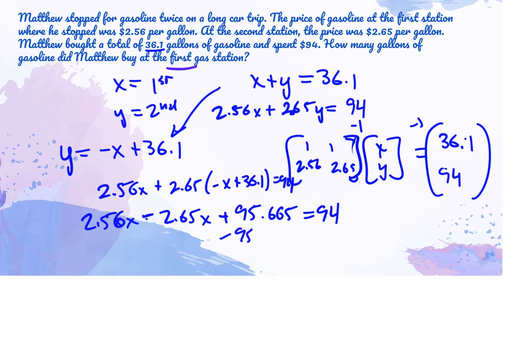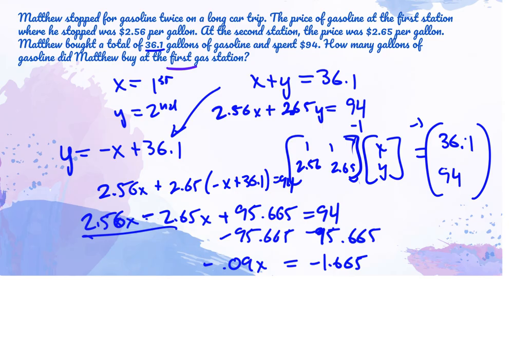So if I subtract this, I get negative 1.665, and subtracting this, 2.56 minus 2.65 is negative 0.09x.